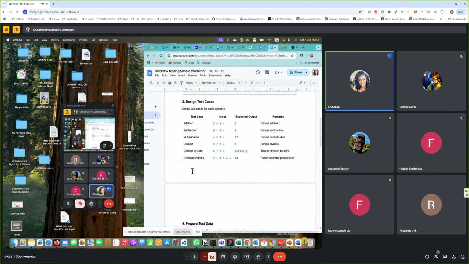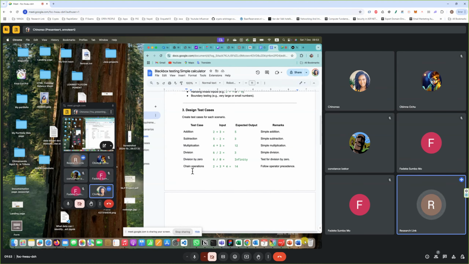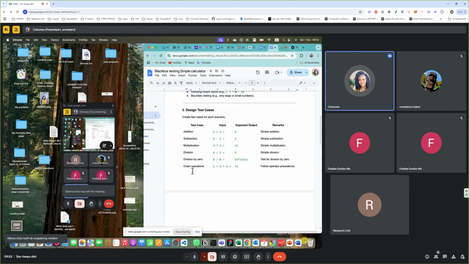Yeah. So what if Obi did 2 plus 3 and it became 6? What should Obi do then? Then it should be recorded as an error, as it means that the calculator is not performing as it should.